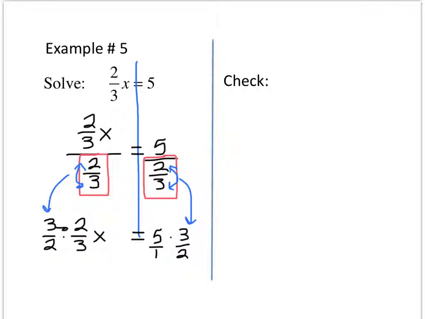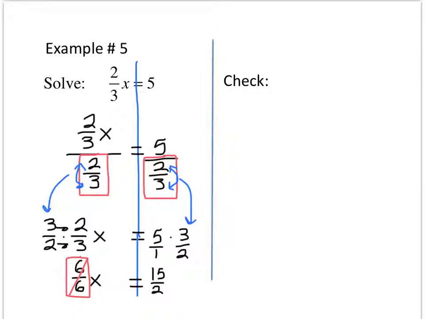So 3 times 2 and 2 times 3, that gives me 6 over 6x. And we're in good shape here because we actually notice that, again, 6 over 6 is just 1. And I really don't need this 6 over 6 because I don't need to multiply by 1. On the right-hand side, this is going to be equal to 15 over 2.